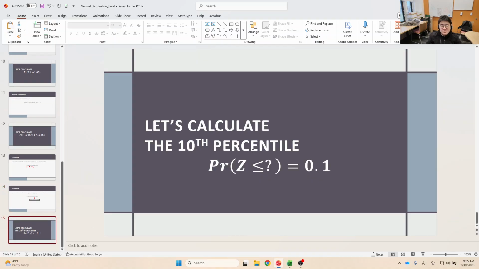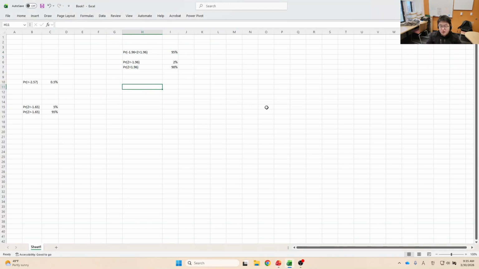So let's calculate the 10th percentile, right? So probability below a certain value equals 10%, 0.1. So what is that value? Back to the form. So for the 10th percentile, it is norm.s.inv 0.1, which will give you this result.